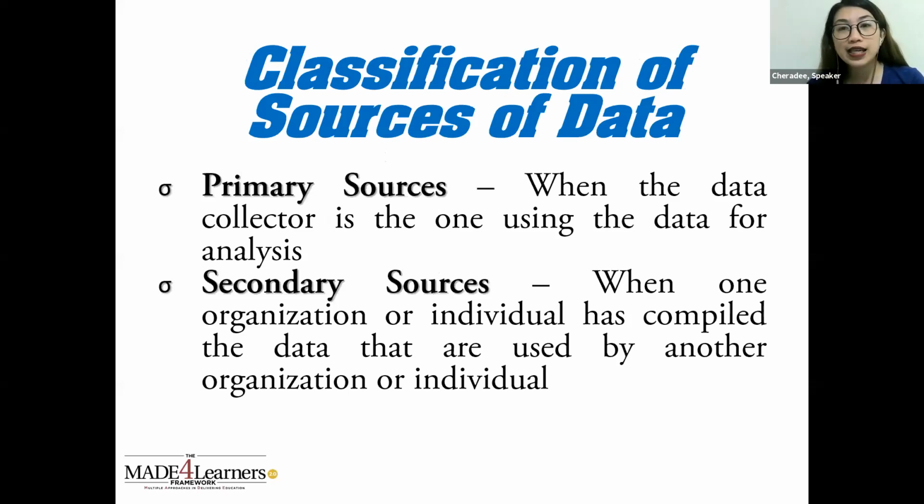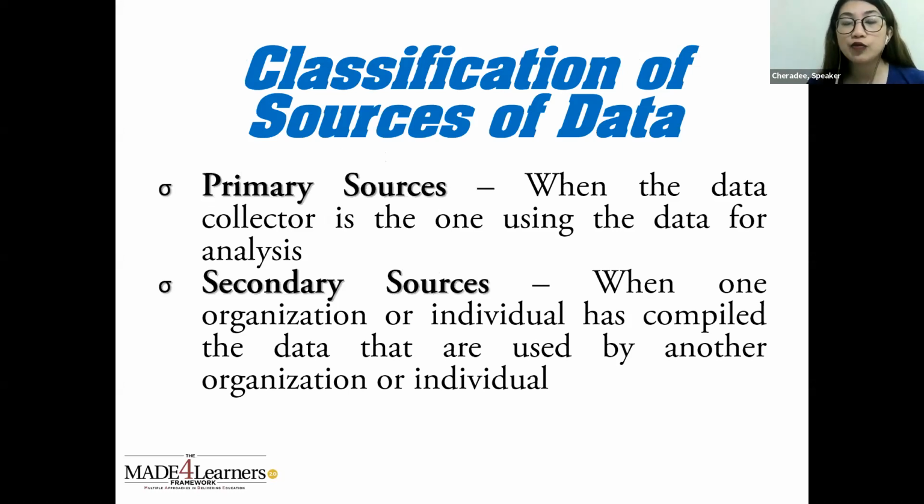Okay, now there are actually two classifications of data. We have the primary and the secondary. When we say primary, it means we actually use data that we collected by ourselves. So when we say collecting by ourselves, we are the ones who really collected the data. That's primary source.